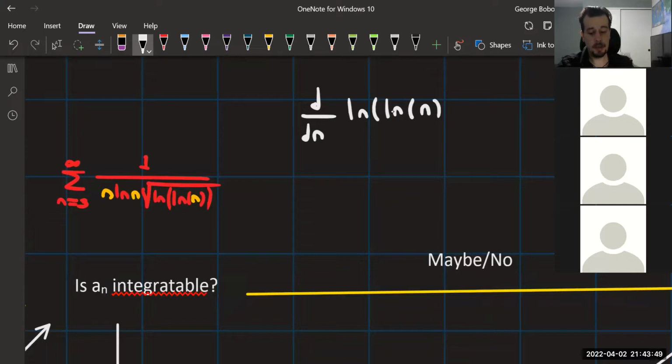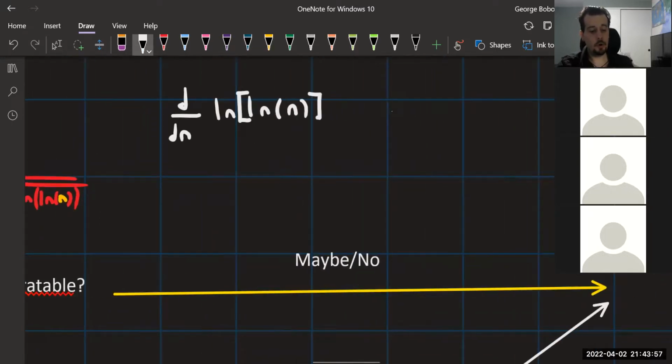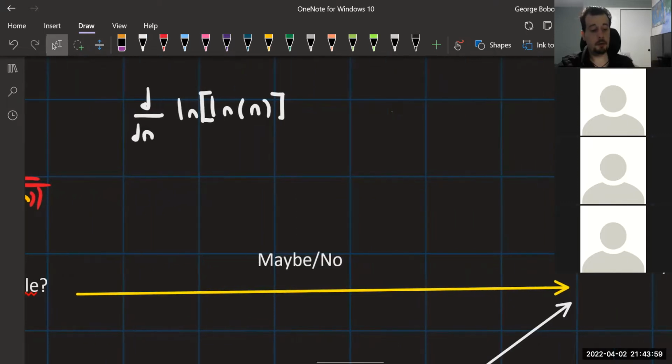n? You have to treat this like a chain rule, okay? Ln n. So think first of the derivative of the very outside right now, this function. What is that? You remember?